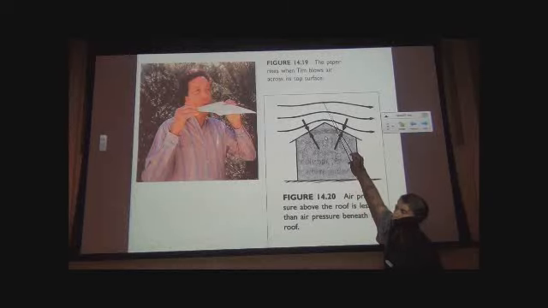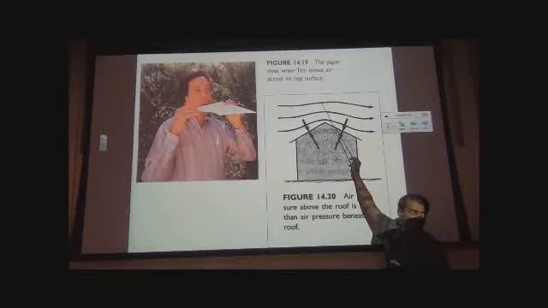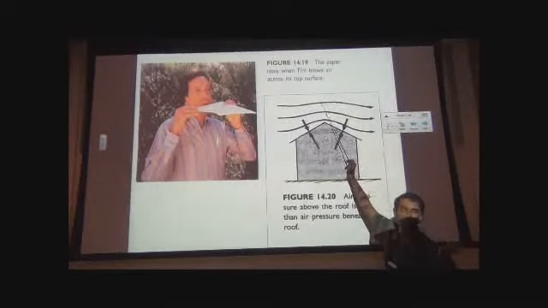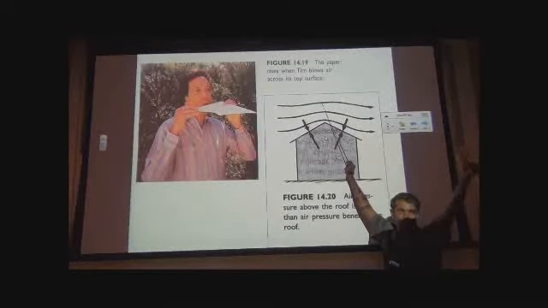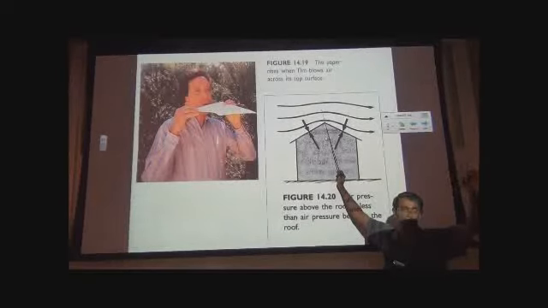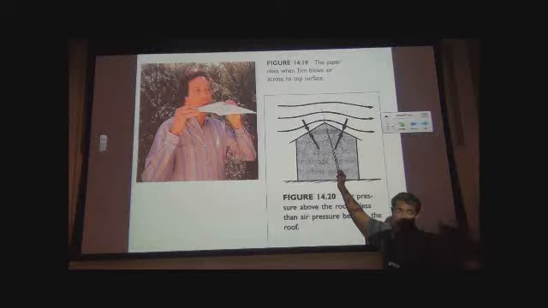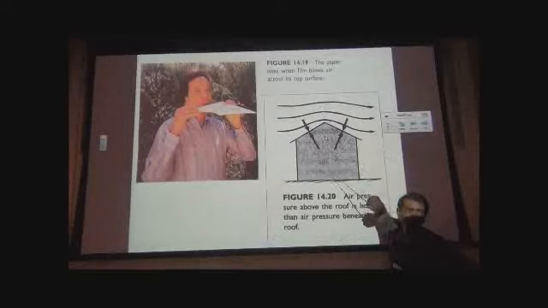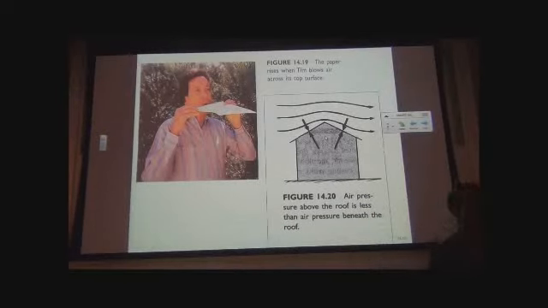The lines of flow are concentrated here, which means the air is traveling faster over here than here. So since it's traveling faster, the pressure should do what? Go up? Okay, it's traveling faster here, so pressure should go up? Down. Should go down, right? That's the opposite of what we think it's going to do, because of Bernoulli's principle. So the pressure is lower here compared to the pressure here inside the house. So the higher pressure in the house then pops the lid off, pops the roof off.